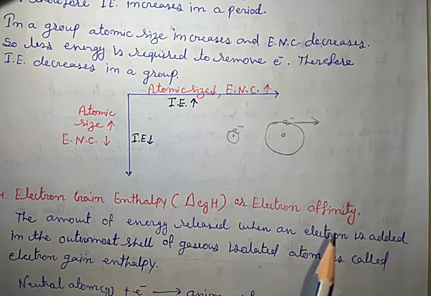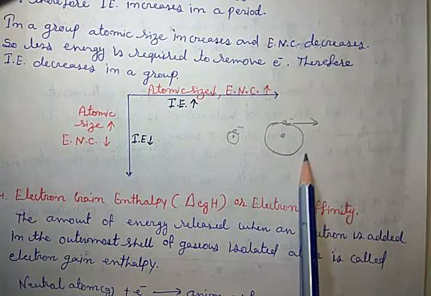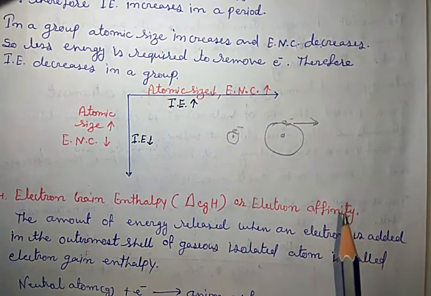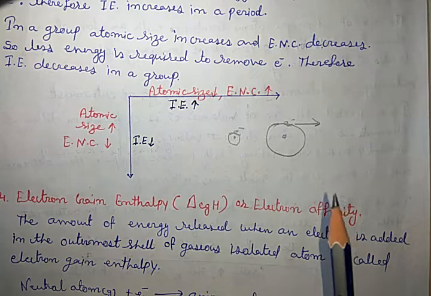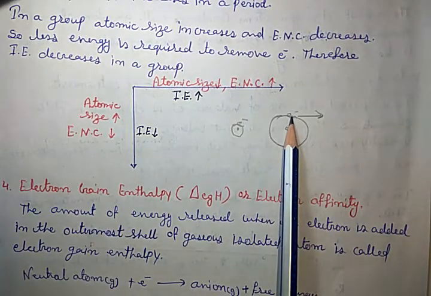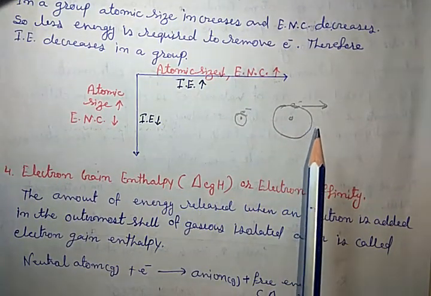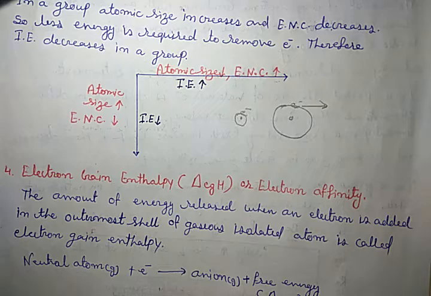To understand it, let me take an example of two atoms. One is the bigger one and one is the smaller one. You should know that the effective nuclear charge decreases with increase in distance.